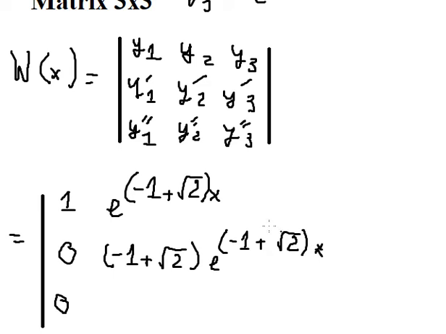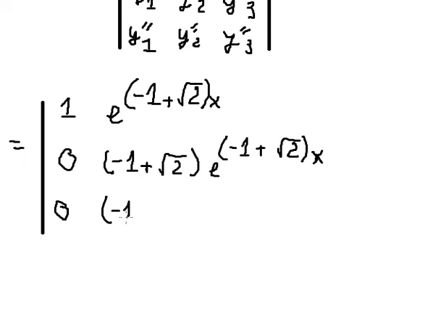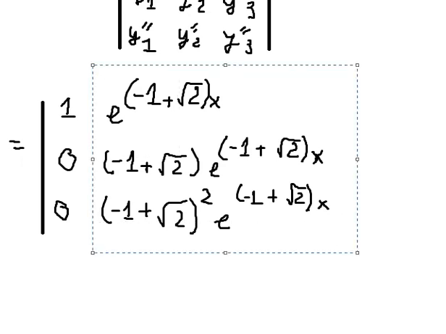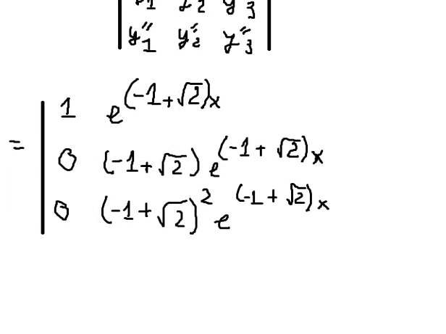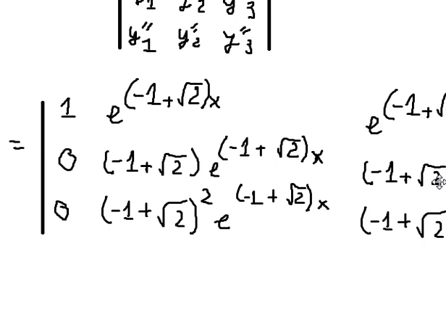Now if we do the second derivative of this one, we have it like this, with the power 2 in here. Now we can do similar for the second one, but I will put the negative sign here.